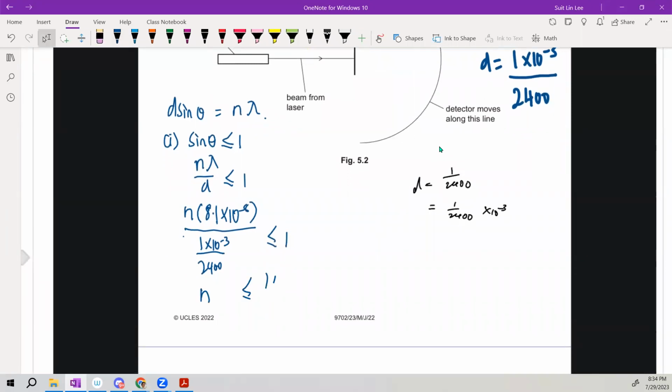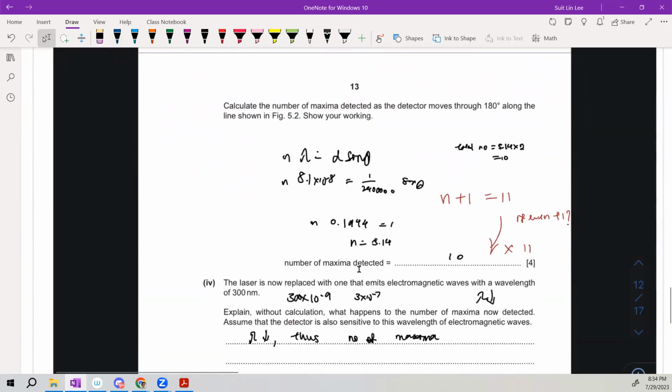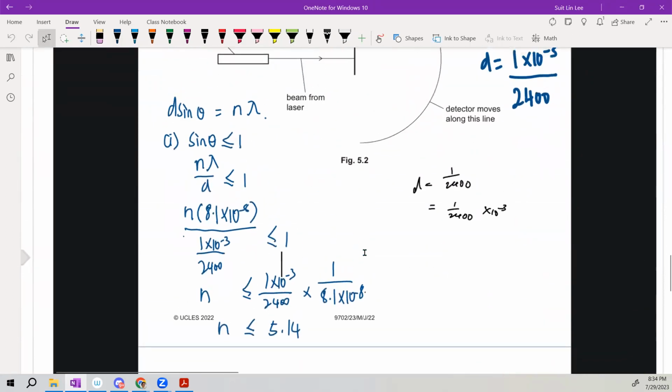So this will be 1 times 10 to the power negative 3, times 2400, divided by 8.1 times 10 to the power negative 8. So you will find n less than 5.14, which is what you calculated here. So the maximum order is 5 because n is an integer. The integer that fits this inequality is 5.